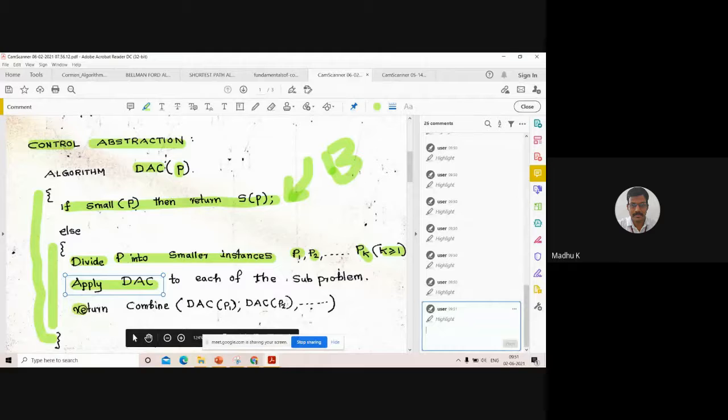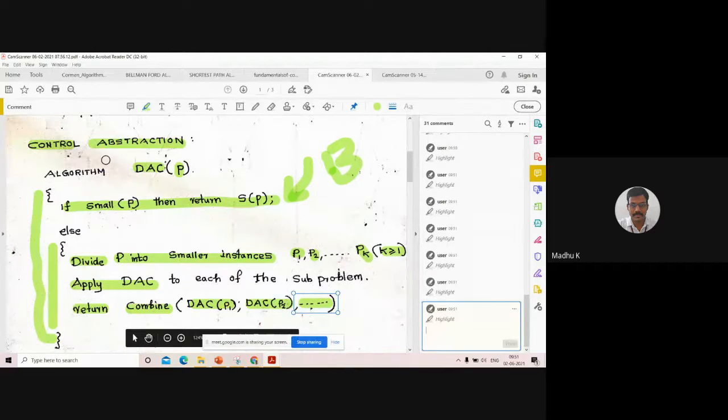At last, we do the combine step: we combine the solved subproblems into one.